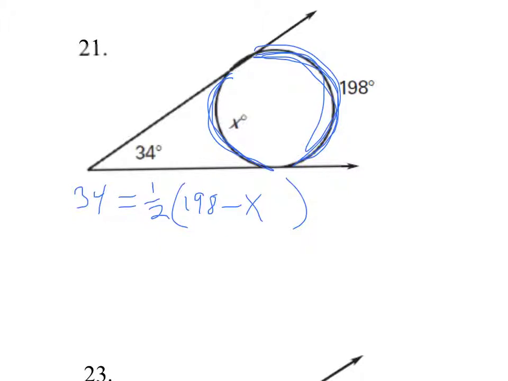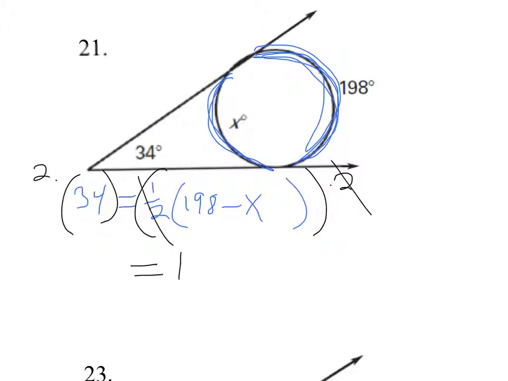From here, you have a couple options. You could actually distribute the 1/2 in if you want, or what we did sometimes is instead of multiplying by 1/2, we actually multiplied both sides by 2. That way that 1/2 goes away, and we just have 198 minus x. On the other side, though, we actually do have to multiply by 2, and so that'll be 68.